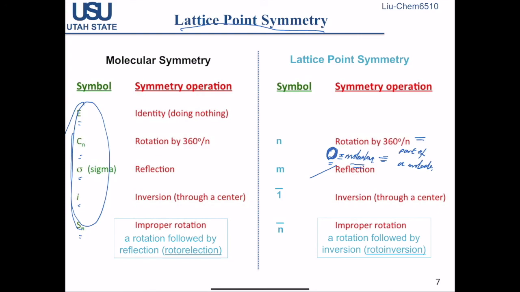But in reality, for lattice point symmetry, we only consider 4 types. Corresponding to molecular symmetry, we use n to express rotation for the molecule in the crystal structure. We also have reflection. We don't use sigma, we use the letter m to express reflection for the molecule in the crystal structure. That's molecule-based symmetry property.